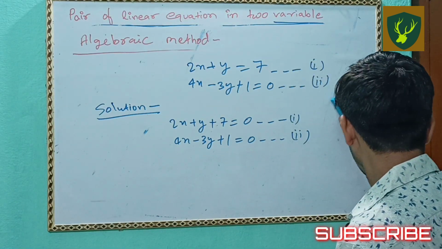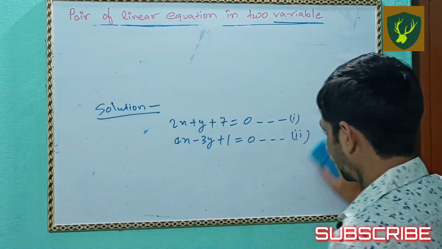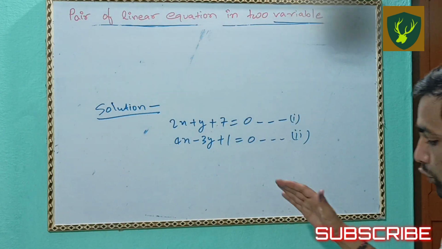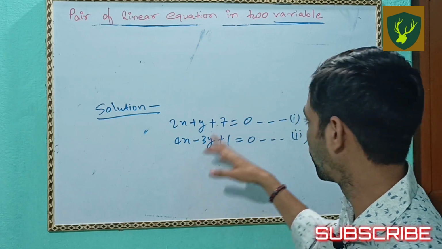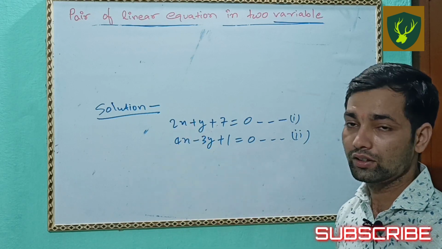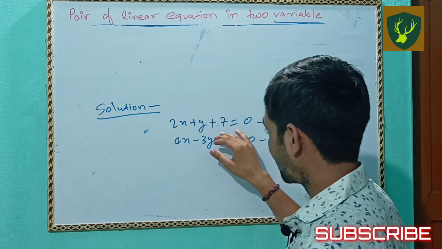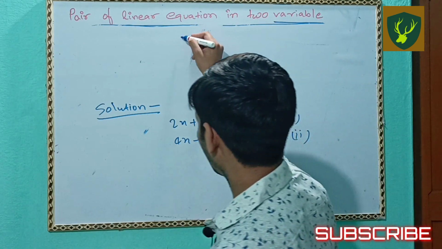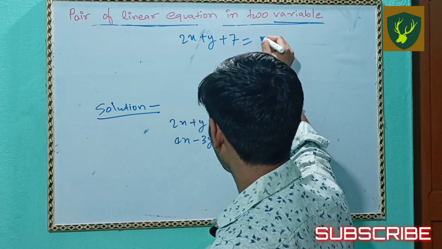Now erasing this. मैंने पहला स्टेप बताया सब्स्टिट्यूशन मेथड के कि एक्सप्रेस, हम दोनों इक्वेशंस में से कोई एक इक्वेशन ले सकते हैं, और express y in terms of x, either express x in terms of y. Let's start. We solve 2x plus y plus 7 equal to 0.